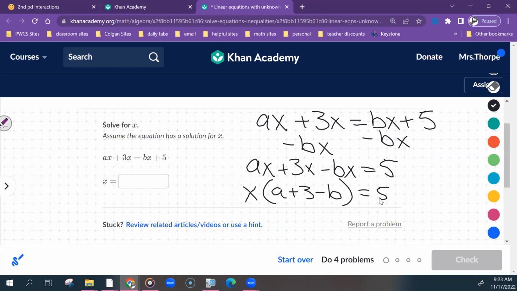And then to get X completely by itself, we would divide that set of parentheses on both sides.